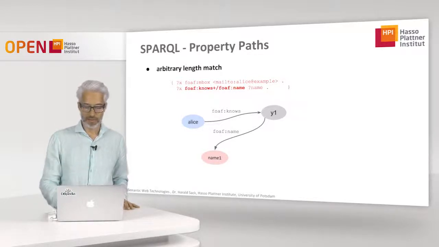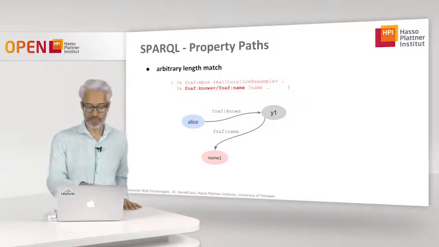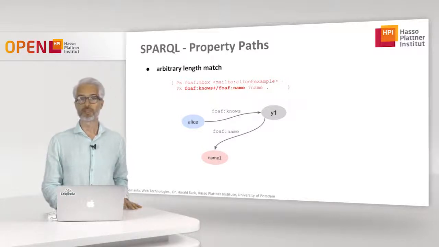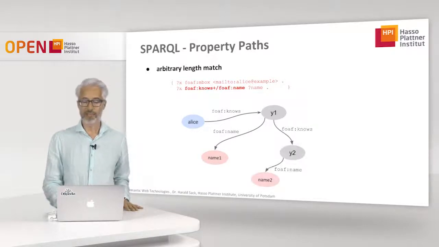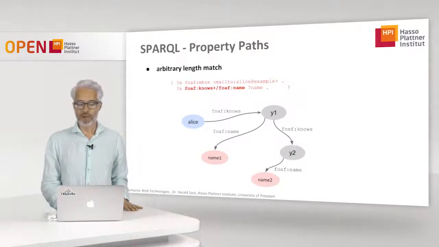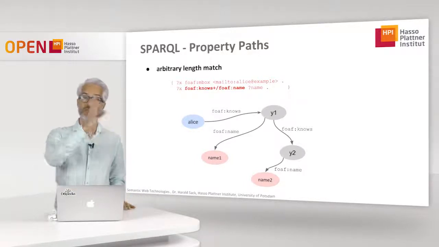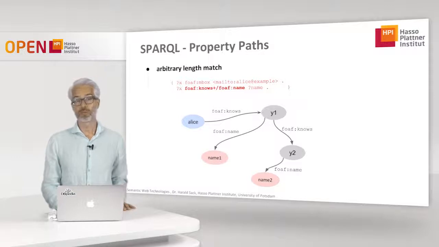So this y1 will definitely be, and the name1 will definitely be in our result, but the path can also be longer. So we are also looking at people who are known by the one who is known by Alice. So we are looking for who knows y1, then we end up in y2 and the name of y2.